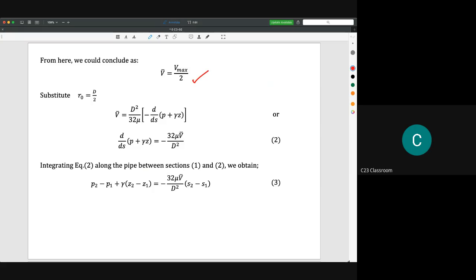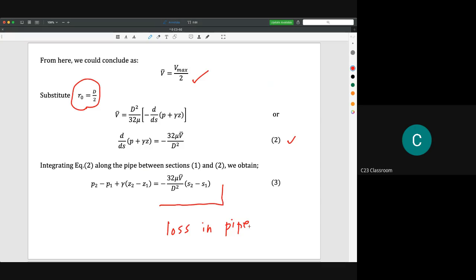We know that the maximum radius is D over 2, and then we substitute into this equation. Then we equate it with the value at equation number 2, and then we could have this equation. This equation will give us the losses in the pipe.